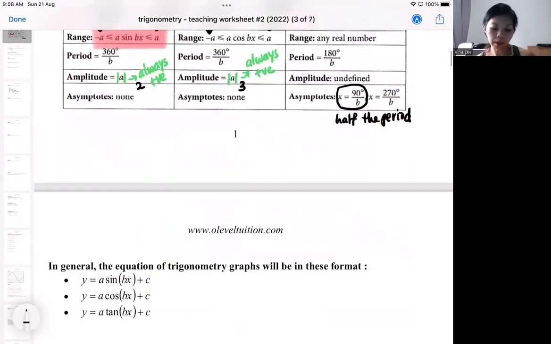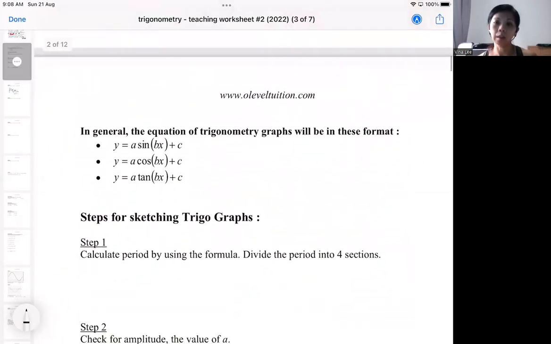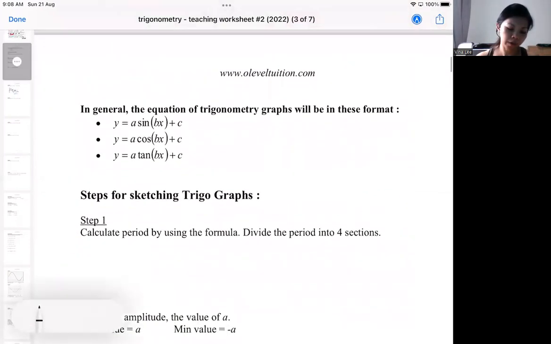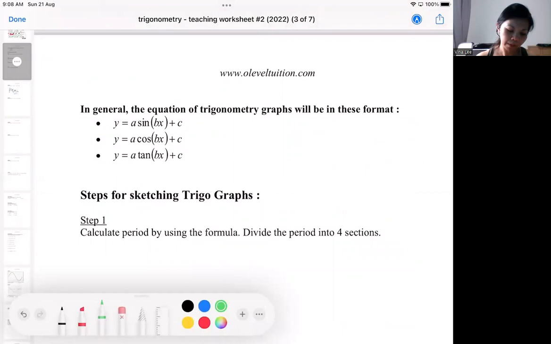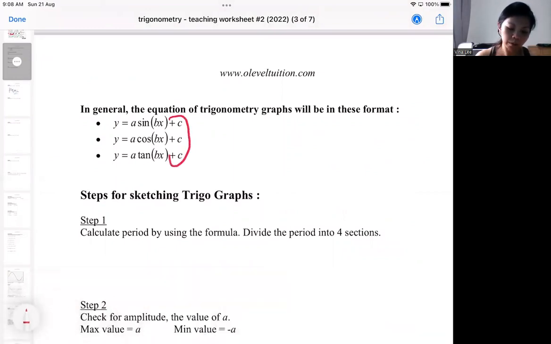Okay, and then right now we're going to introduce a C. C is like a shifting effect. So this C here is to shift the graph. So if C is positive, it means you shift the graph up.